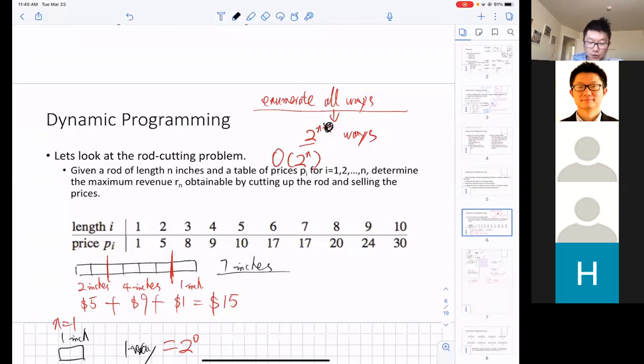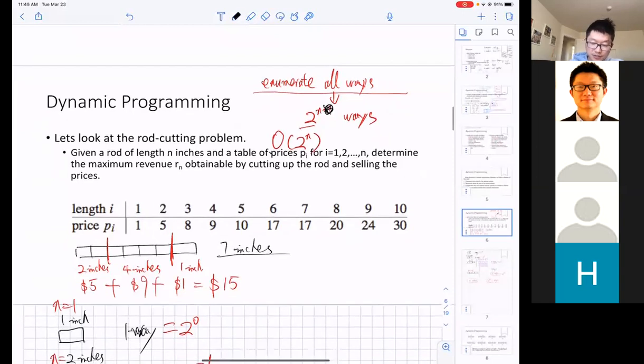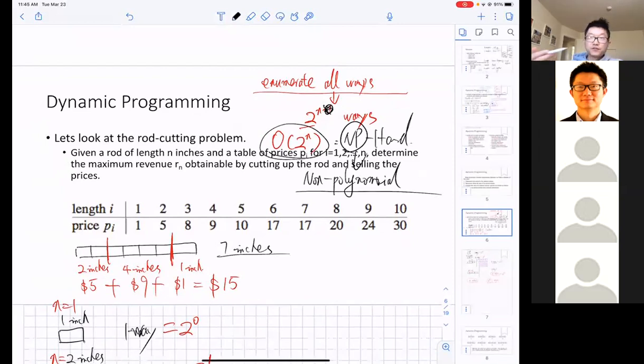Okay. So in computer science, if we get a solution with this complexity, we give it a name called NP hard. NP stands for non-polynomial. NP hard, or non-polynomial hard, means extremely hard.